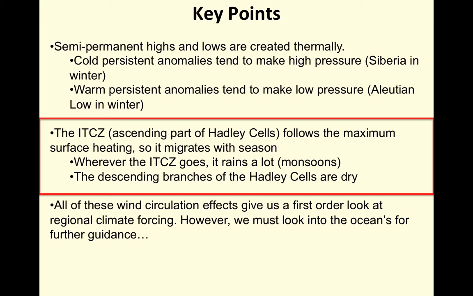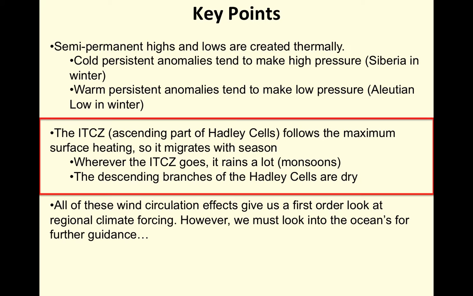The ITCZ, the ascending branch of the Hadley cell, follows the maximum surface heating, so it migrates with season, heads north during northern hemisphere summer and south during southern hemisphere summer. It migrates more over land than ocean due to the differences in thermal inertia. Wherever the ITCZ goes, it tends to rain a lot, causing monsoonal precipitation, or warm season precipitation.